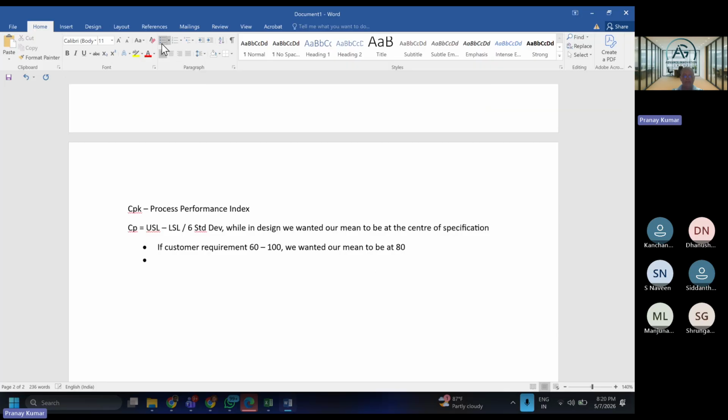But in reality, mean may move. So to be able to calculate the CPK, you have to look at the minimum of CP on your upper side and CP on the lower side.